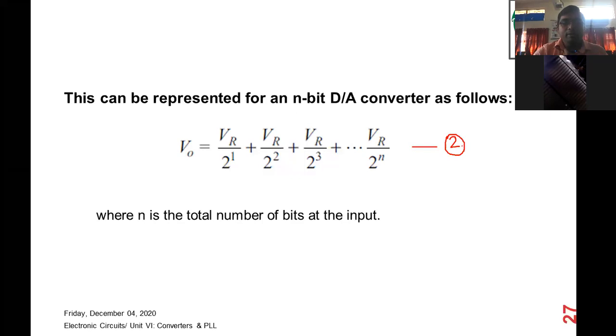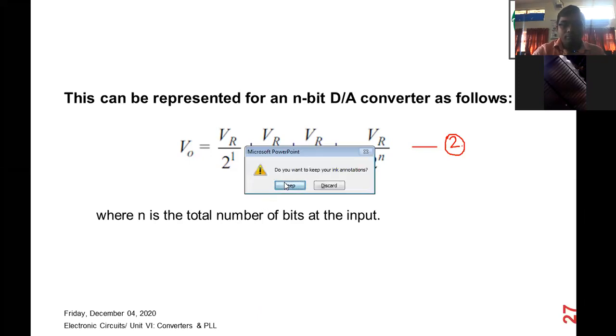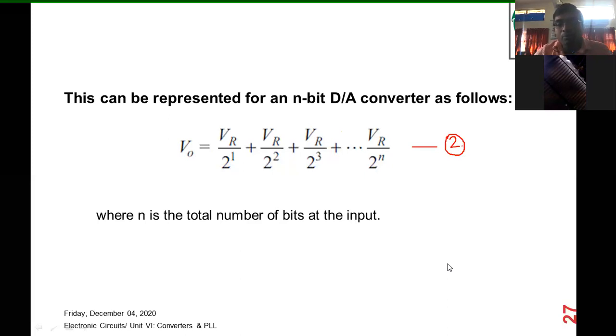This can be represented for the n-bit D2A converter as follows: V0 equals VR upon 2, VR upon 4, VR upon 8, up to VR upon 2 raised to power n.